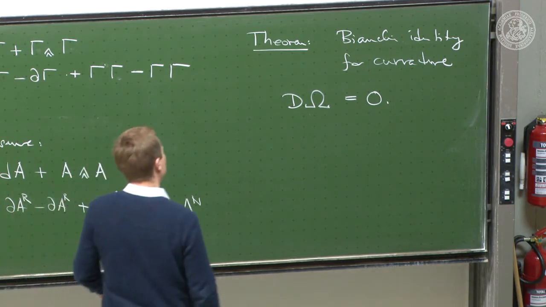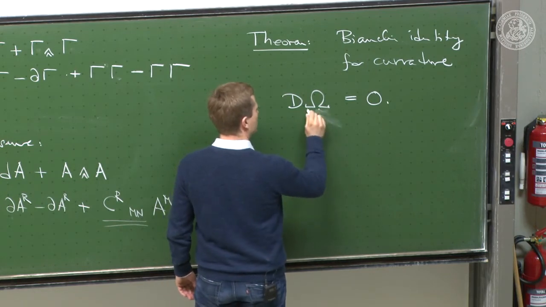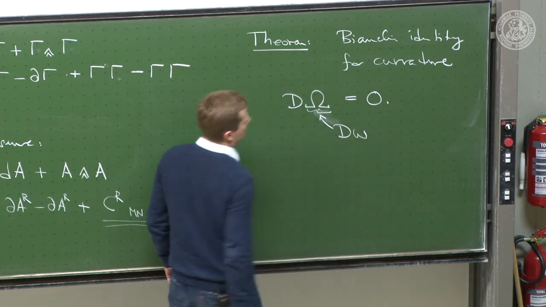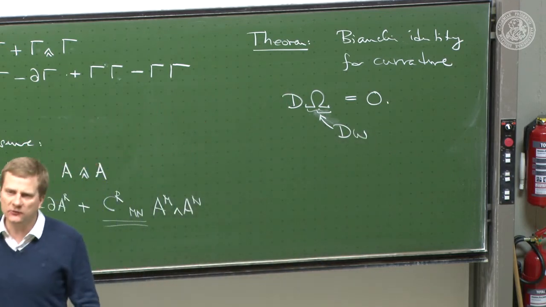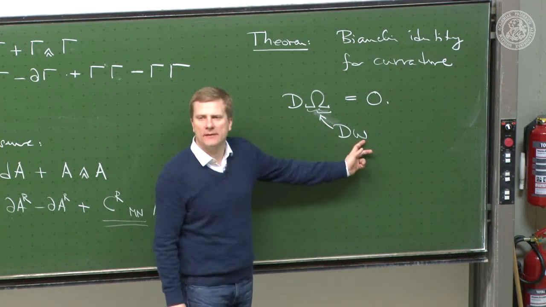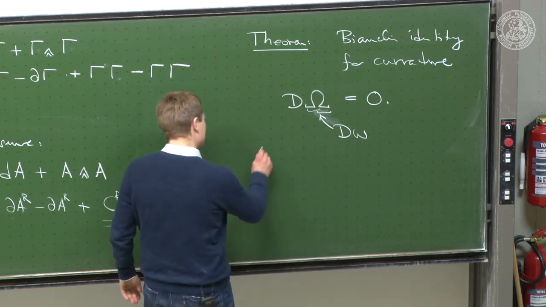However, I should issue a warning. So first of all, I remind you that the omega itself is the covariant exterior derivative of the connection 1 form. So you say, oh, it's d squared on omega. Of course, it's 0. Well, that is not the case. So that's the warning sign.